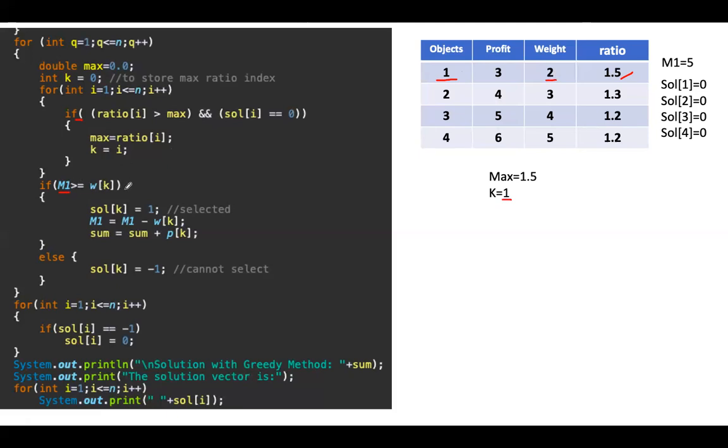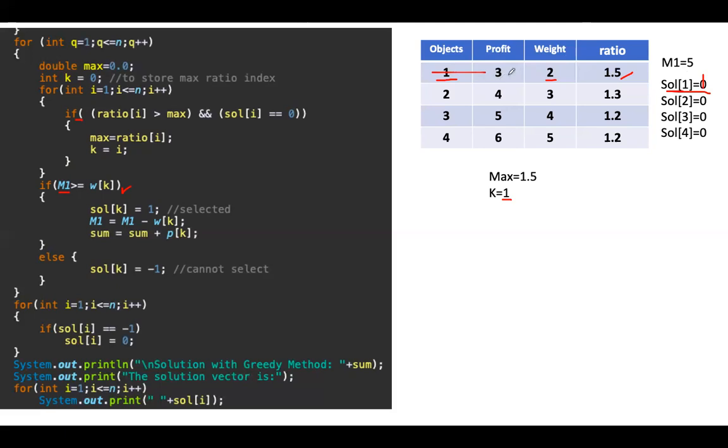So this condition is true, and we have found the first solution. Solution of K is equal to 1, that is, solution of 1 is set to 1. This means we have considered the first item into the bag.